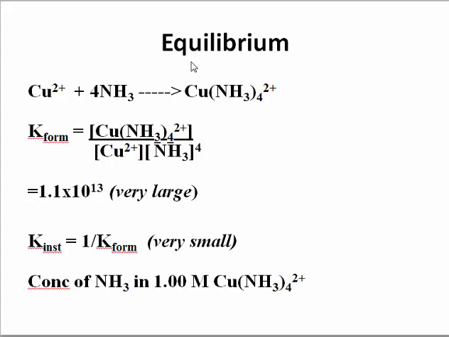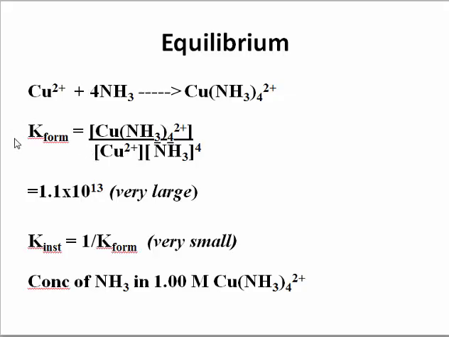Naturally, this reaction of formation of the complex is an equilibrium reaction. The equilibrium constant for the reaction has the complex in the numerator, and copper and ammonia concentrations to the 4th power appear in the denominator.